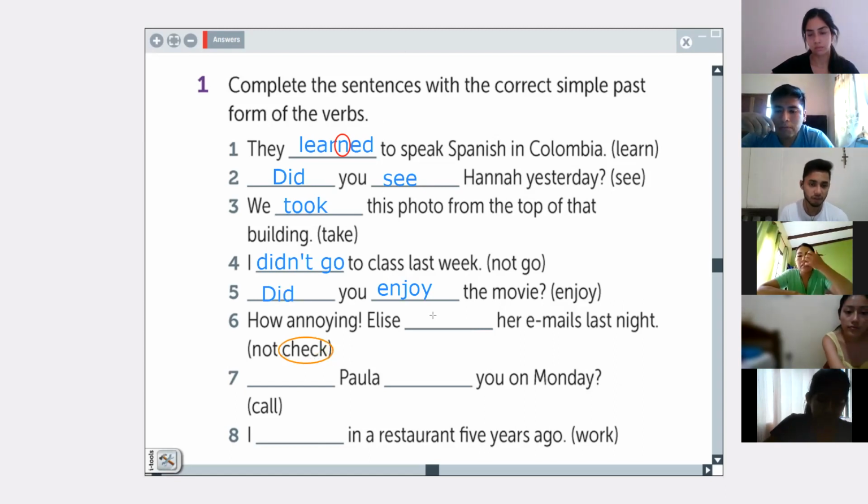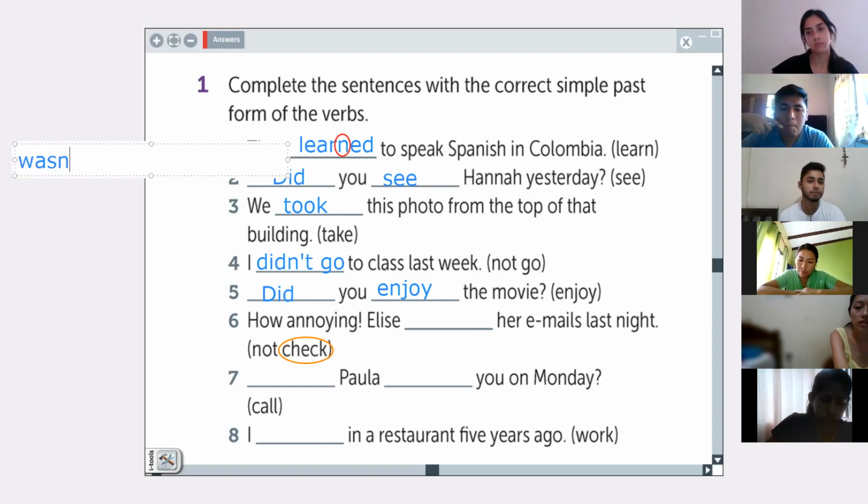Check, ¿cierto? Ok. Recordemos que cuando tenemos otro verbo que no sea el verbo to be, ¿qué debemos ocupar para que nuestra oración sea negativa en el pasado? ¿Recuerda? Didn't. Ok.